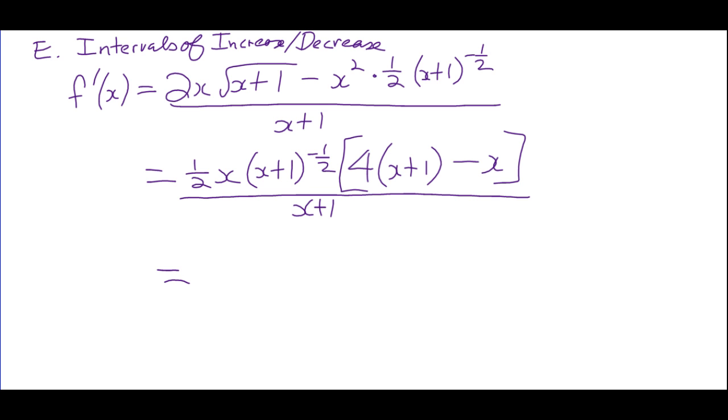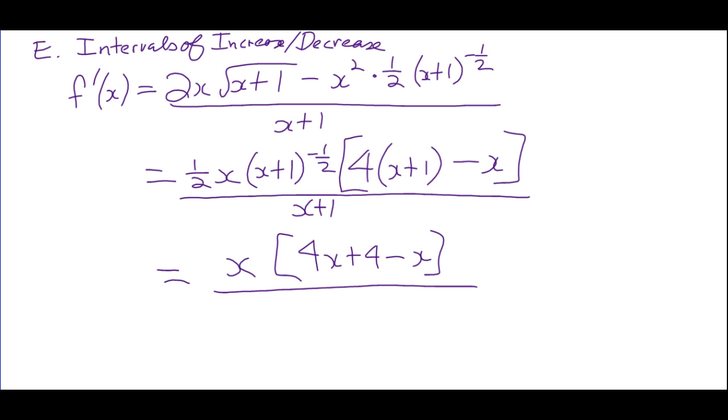Equals. Okay, so up front, we're going to have the x. In here, we're going to have 4x plus 4 minus x. Down here, we're going to put the 2. And we're going to move this down here, so that'll be x plus 1 to the 3/2. Okay. And it's going to end up being an x.